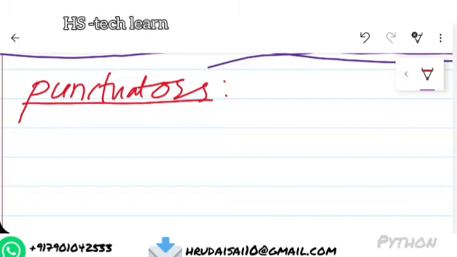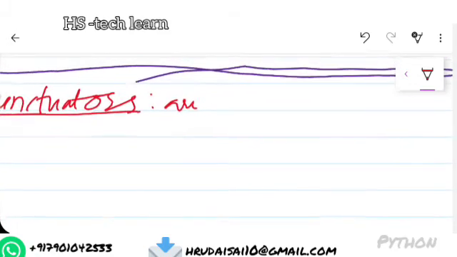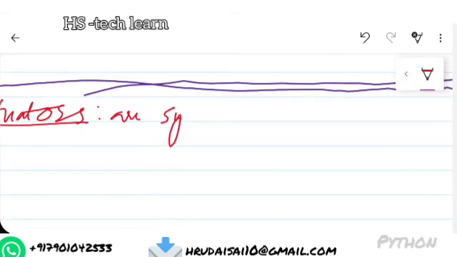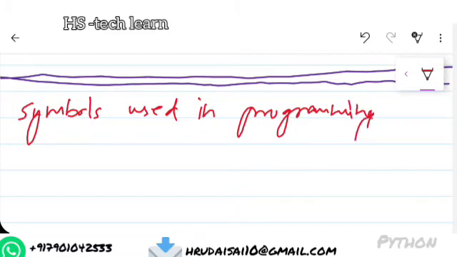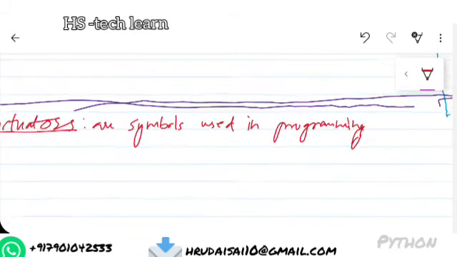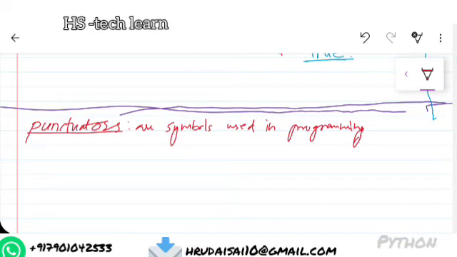You can remember the shortest definition for punctuator: punctuators are symbols used in programming.